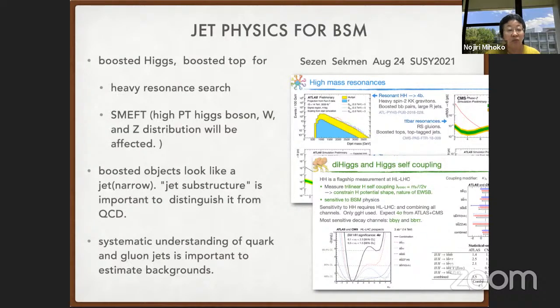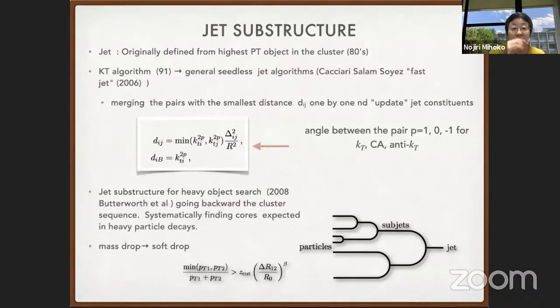Boosted objects look like a narrow jet, and so the structure inside the jet is very important. That also means we need to understand systematically what the quark jet and gluon jet backgrounds should look like. So I'm talking about the jet itself.